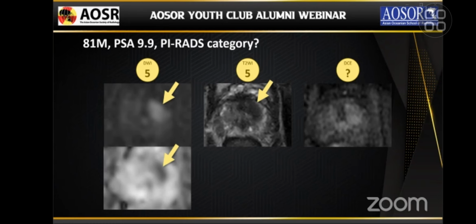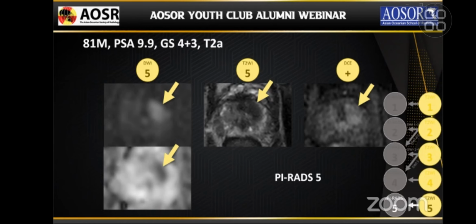T2WI shows a focal hypointense lesion in the same area, and the T2 score for this lesion is 5. The lesion shows early contrast enhancement. Based on the T2WI finding, the overall PI-RADS category is 5.